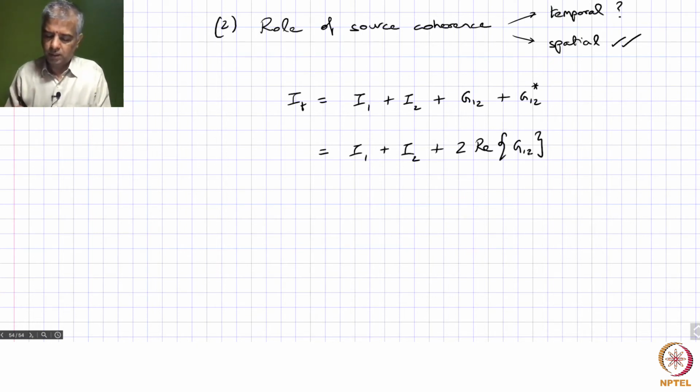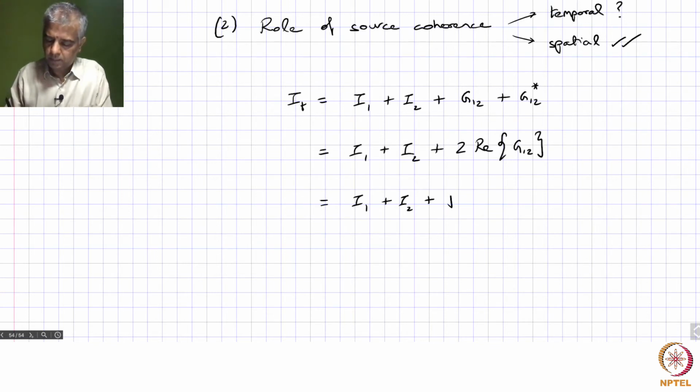And of course you can write G12 in terms of root of I1 I2 multiplied by small g12, which is the degree of coherence.